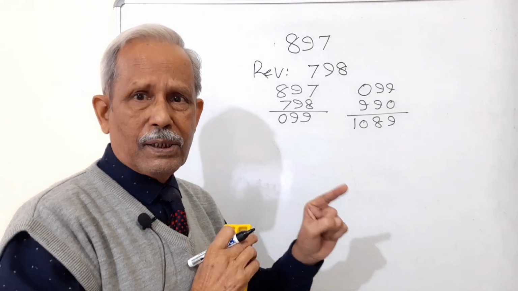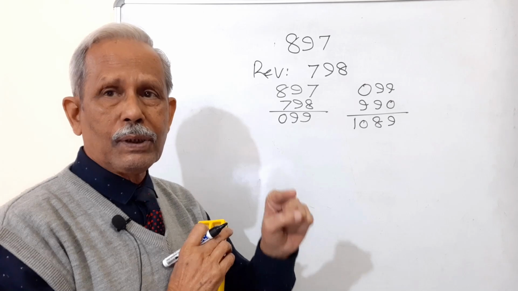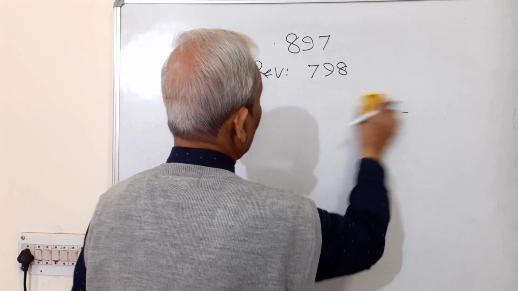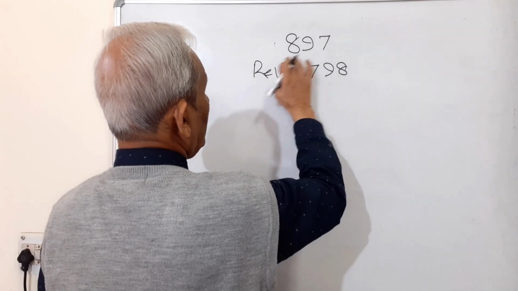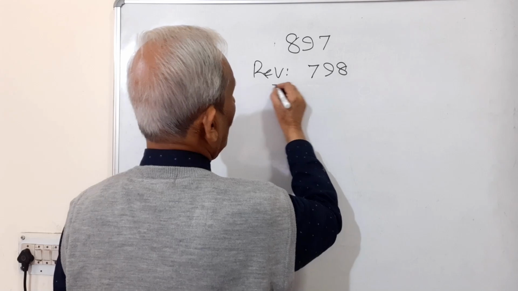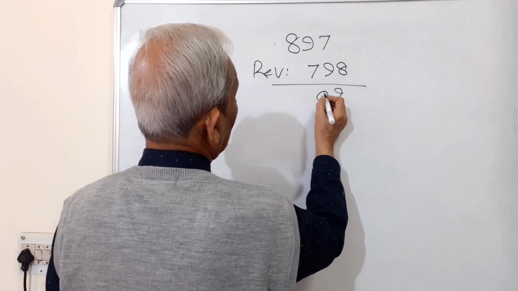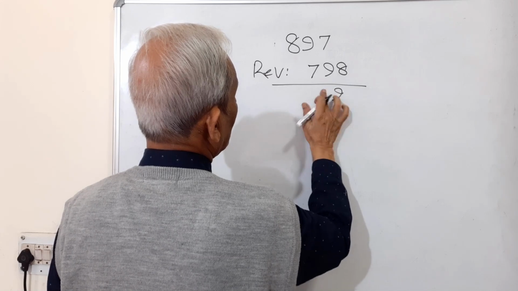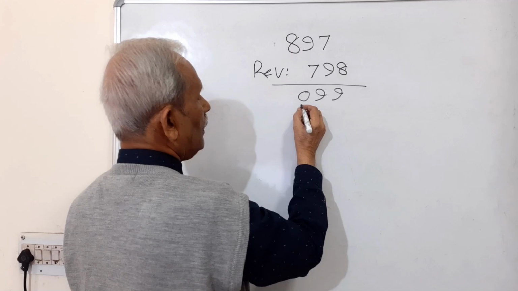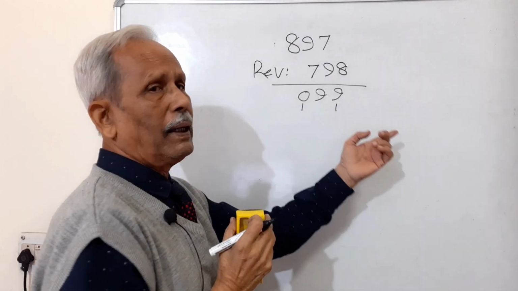For example, here 897, and you get 798, and when you subtract it, you get 099. You see, if you add this 9 and 0, you always get 9.